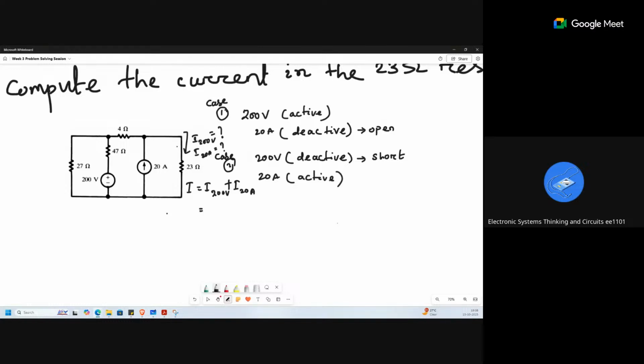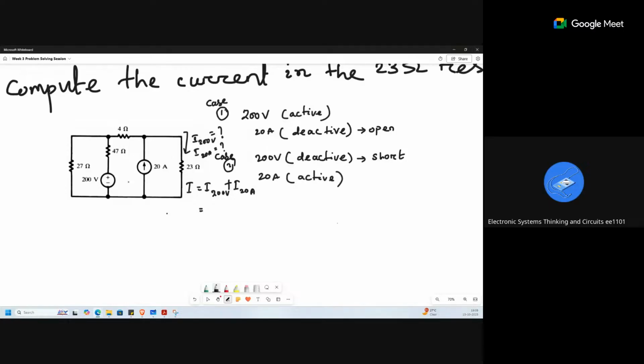That means whenever you have two sources, you activate one source, keep it, and remove the other. Deactivating or de-energizing the current source is nothing but open circuit.